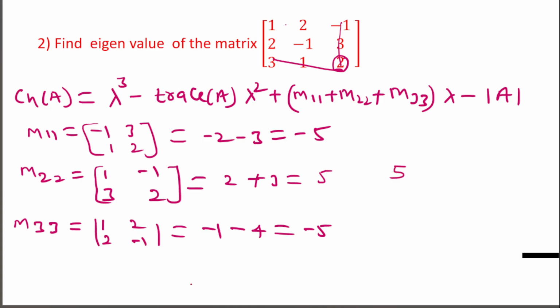Next we have to find the determinant of this matrix. Its determinant value is 0, and we have to put all these values in the characteristic equation to get the eigenvalues of this matrix.